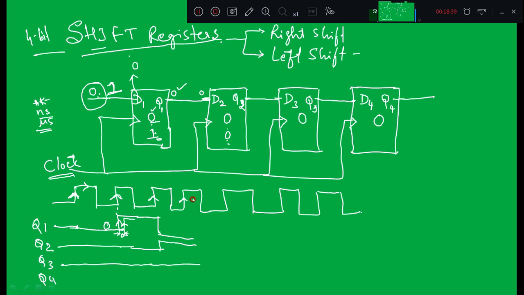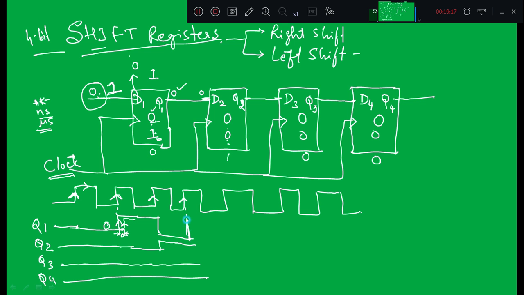Now when the fourth clock pulse is applied and I make D1 equal to 1 again, what happens? So this was the third state: Q1 was 0, Q2 was high when the third clock pulse was applied, and Q3 was 0 and Q4 is 0. So when the fourth clock pulse is applied, just make a correction here, okay?